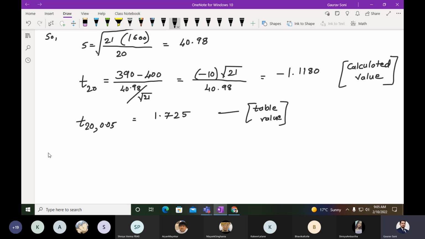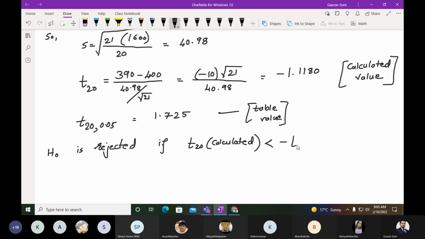So whether your hypothesis is rejected or accepted, H naught is rejected if the calculated t is less than minus of t20 with level of significance 0.05.